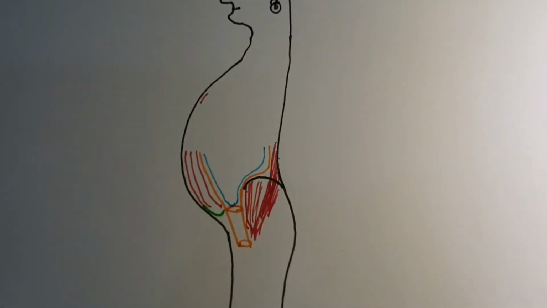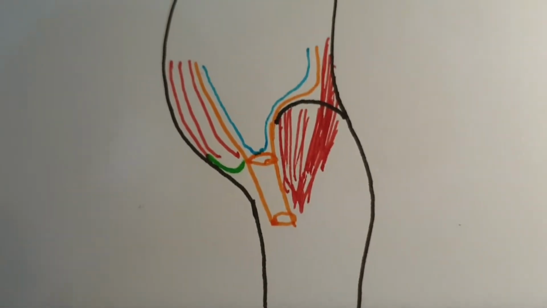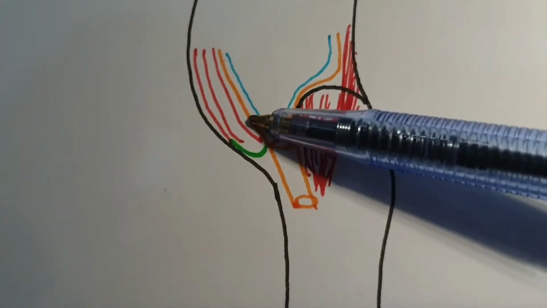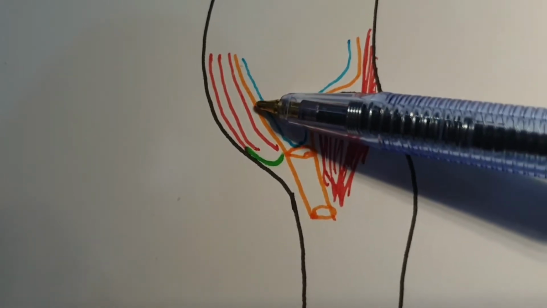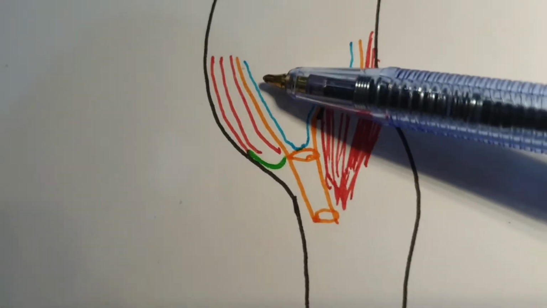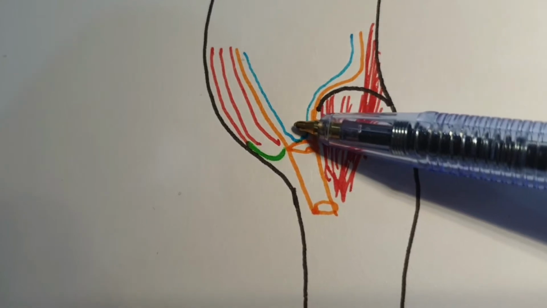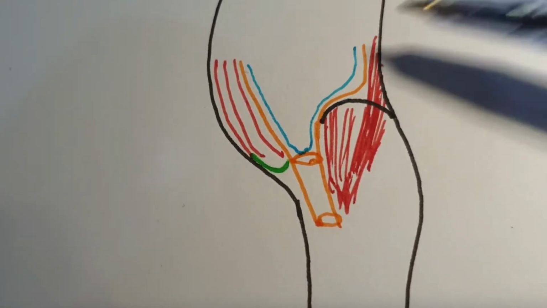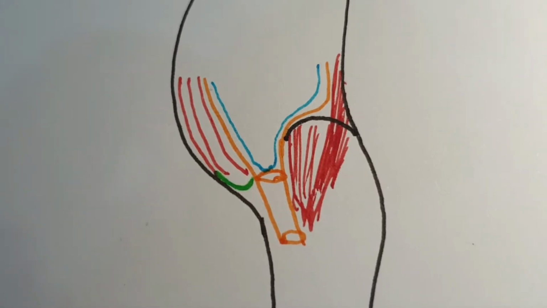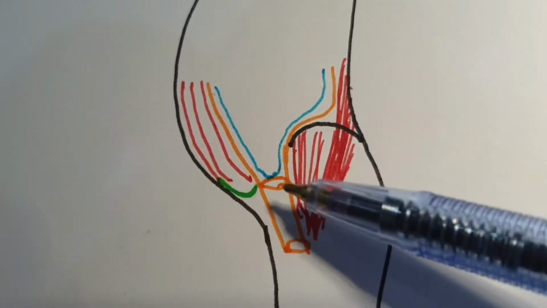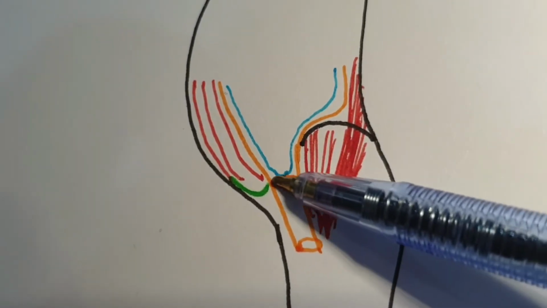Now, coming back to this diagram, I have drawn another structure over here. This yellow structure or orange structure is the fascia transversalis, and behind this I have shown you the peritoneum. Peritoneum is the structure which is lining the inner surface of the abdominal wall. So this structure here is the femoral ring.